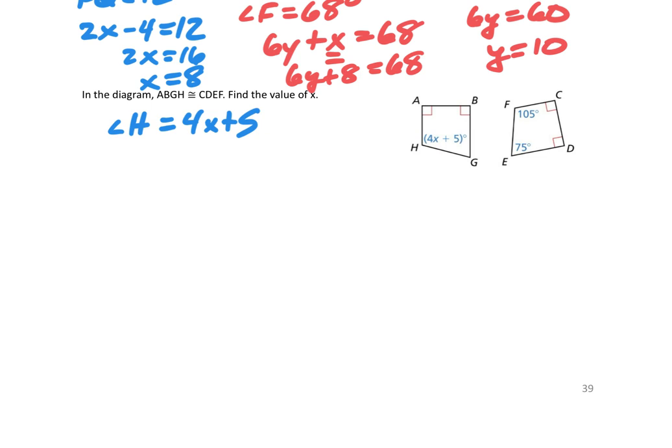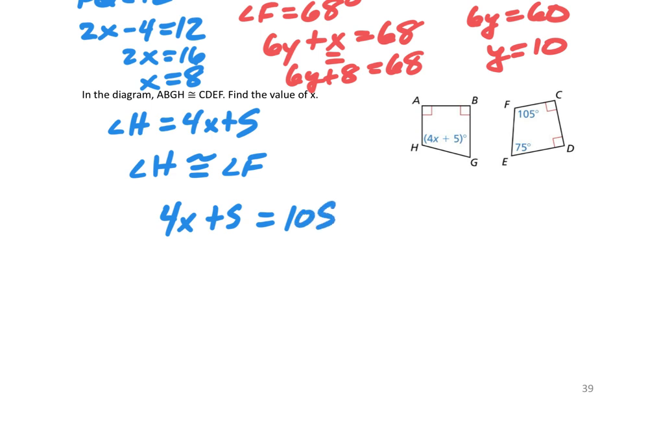Once again, just by looking at the picture, I know that angle H has to match up with one of these two, but in order to determine exactly which one I want, H is the last letter in this statement, so H is going to match with what? F, okay? Angle H is congruent to angle F. We know that F is how many degrees? 105, okay? So we're going to say 4x plus 5 equals 105.